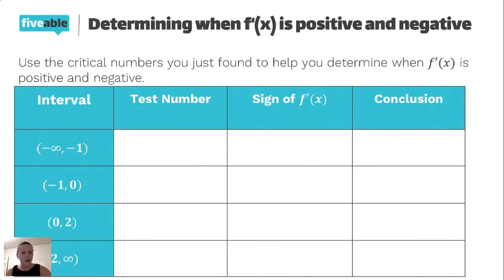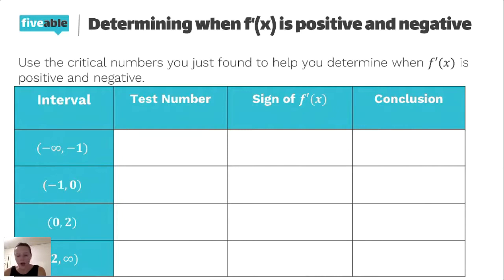My view's showing my picture over that number 2 in that bottom interval, but that last interval should be 2 to infinity. I'm getting these intervals based on where my critical numbers were in the previous example. So in order for us to figure out when f prime of x is positive and negative, we need to test a number in each of those intervals.